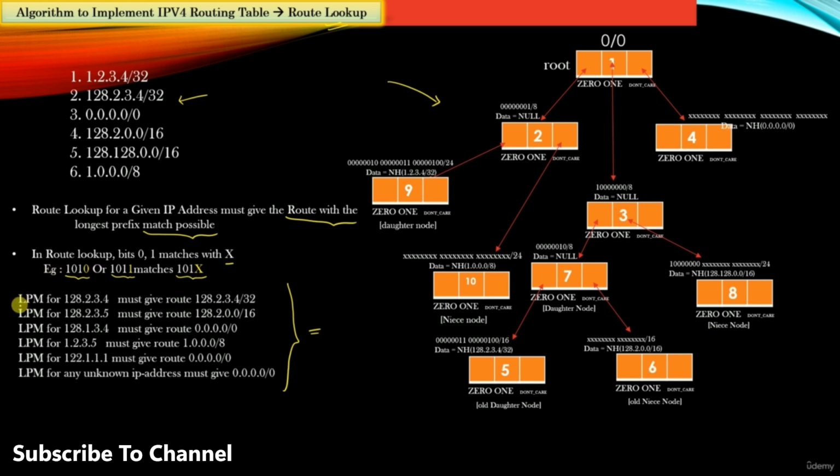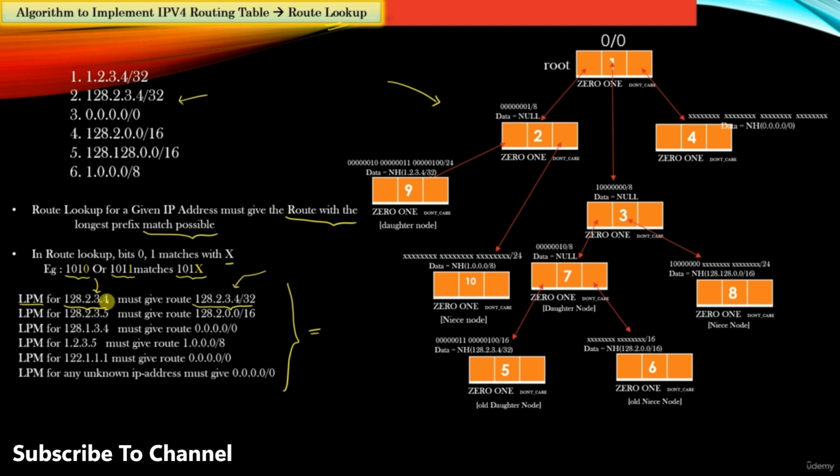The longest prefix match, that is LPM, for a given IP address 128.2.3.4 must give the route 128.2.3.4/32. So this is the route in this M-trie data structure which matches best with the given IP address.